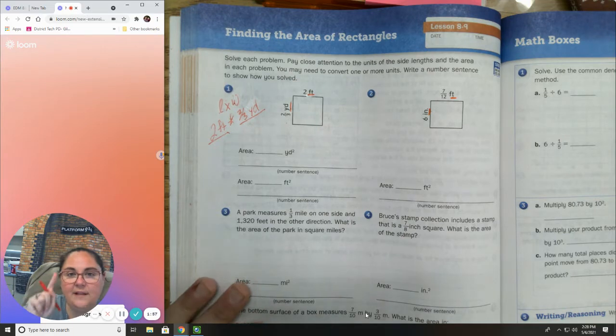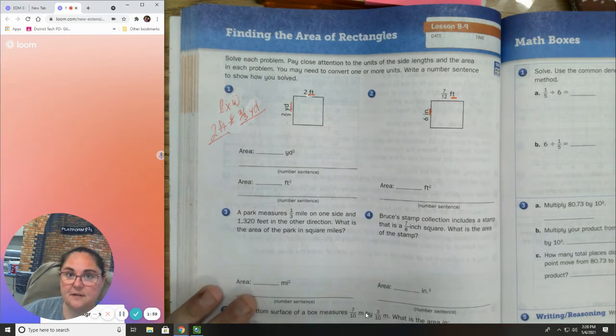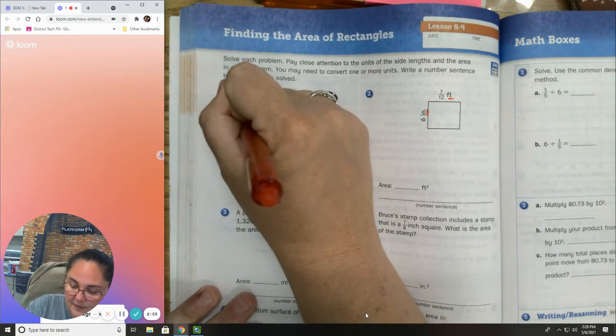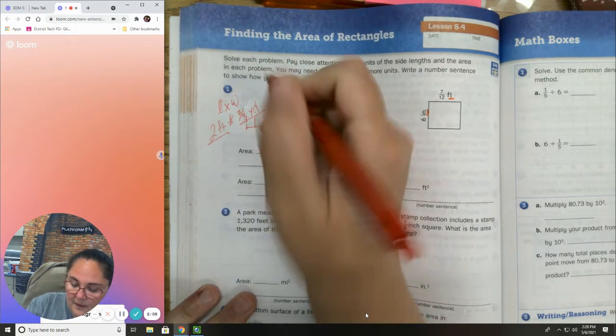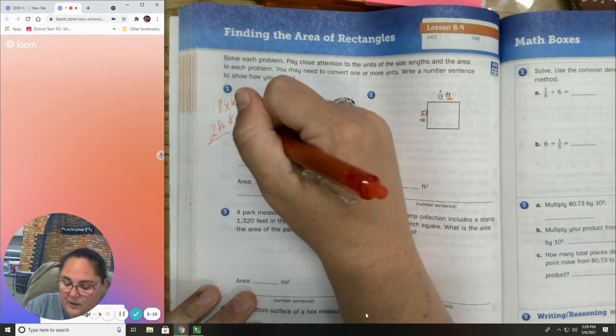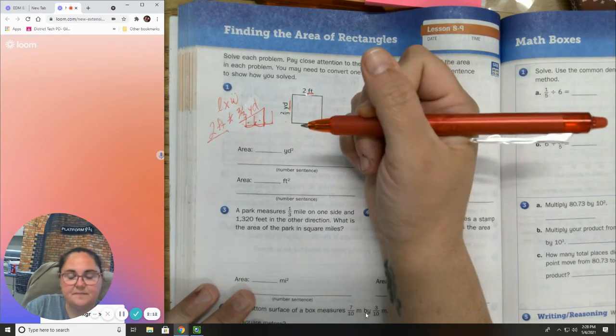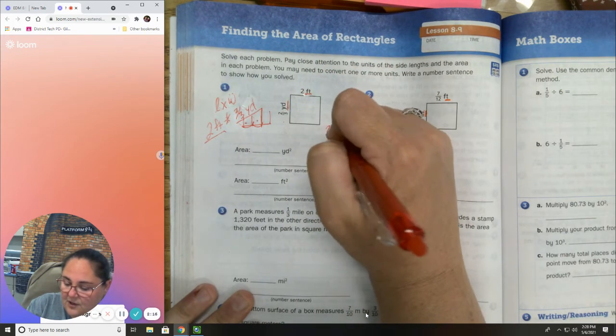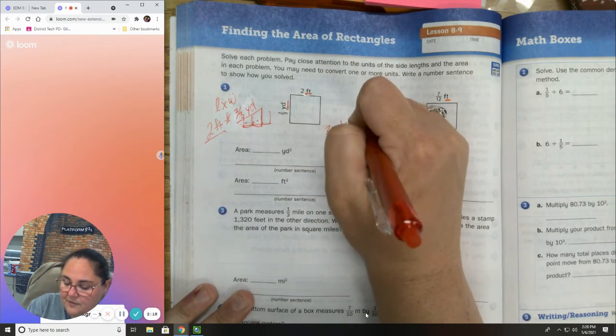And I can figure out how many feet this is pretty easily. I know that 1 yard equals 3 feet. So if this is 1 yard, 2/3 of a yard would be right here. So that would be 1 foot, 2 foot. So 2/3 of a yard is the same as 2 feet.